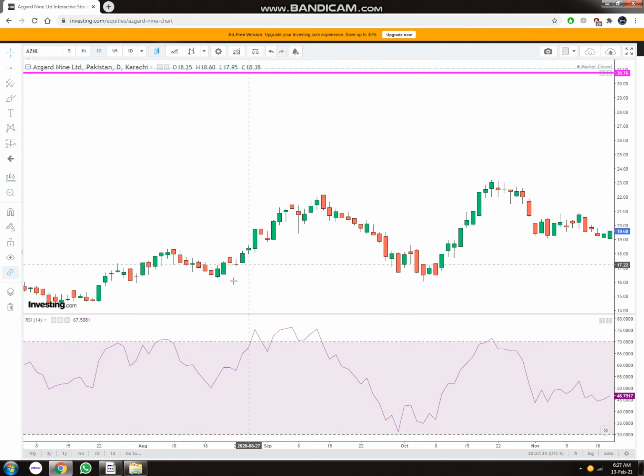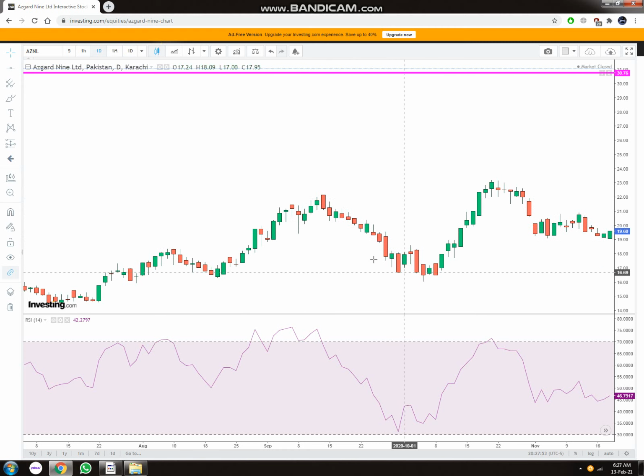The overall trend was an uptrend. These were small pullbacks, so it didn't matter that much, and the market moved upward. At this level it also showed slight signs of bullishness, so the market moved upward.